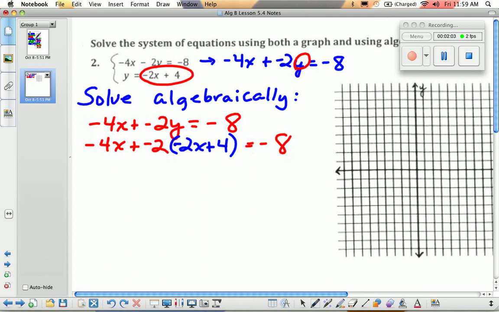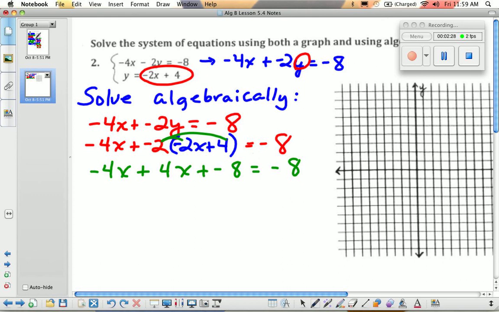Substituting from the one equation into the other. Then we got to do our distributive property. We're going to get that cleaned up. So after I do my distributive property, that became 4x plus a negative 8.